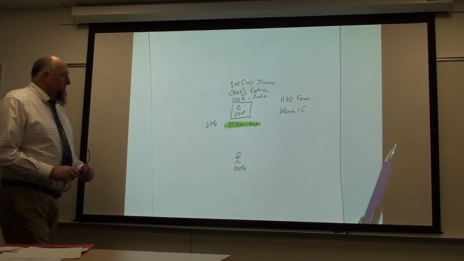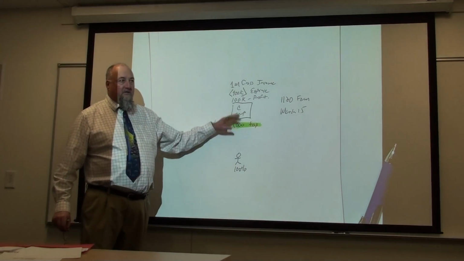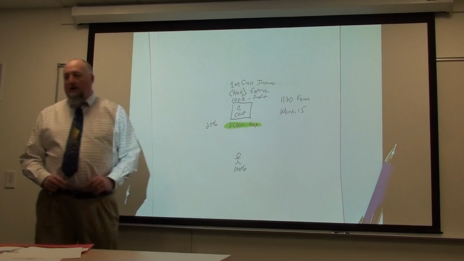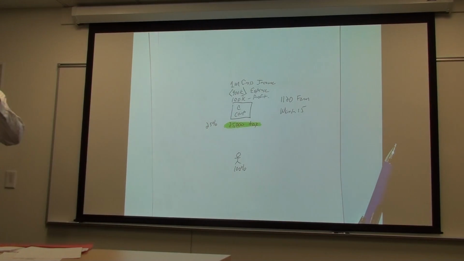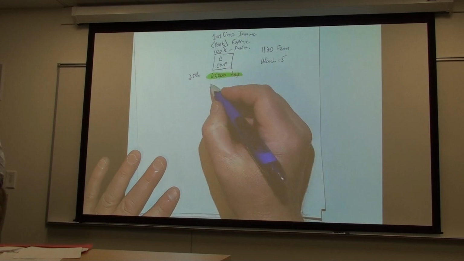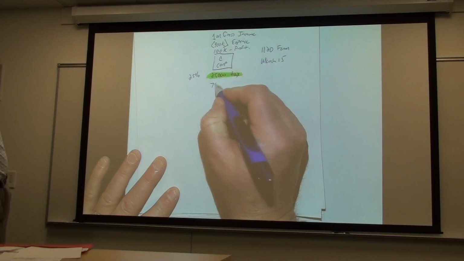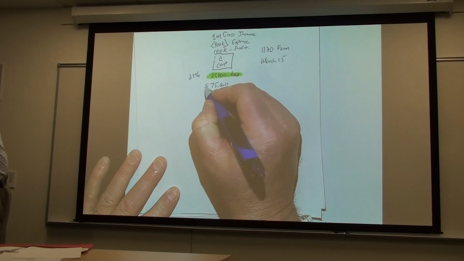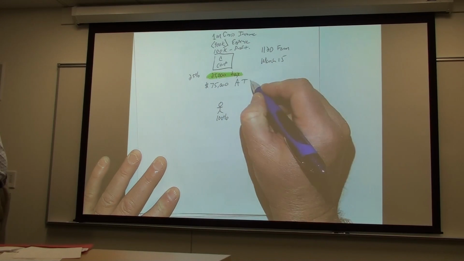So that will be $25,000 in tax that the corporation will pay on its net income. So that leaves $75,000 left over after payment of tax. After-tax income.